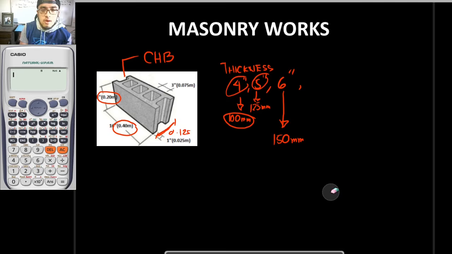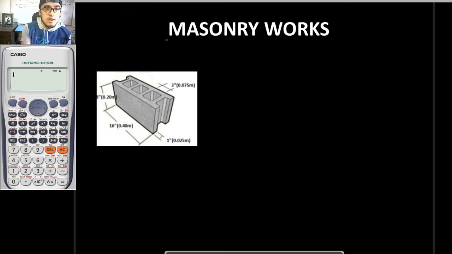And whatsoever. Let's talk about masonry works in general in our field of estimation. In masonry works, these would be the common terms, the common composition that we are to be talking about. The first one would be, as we have already talked about, CHB.